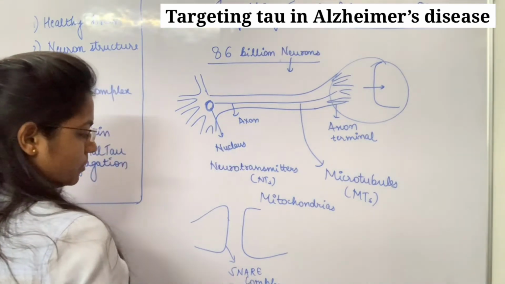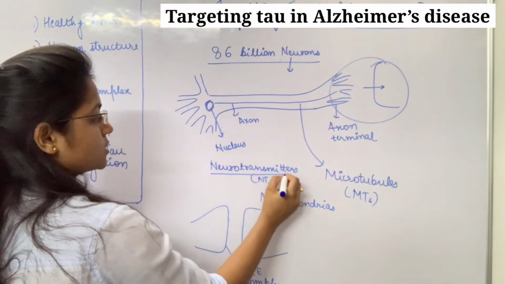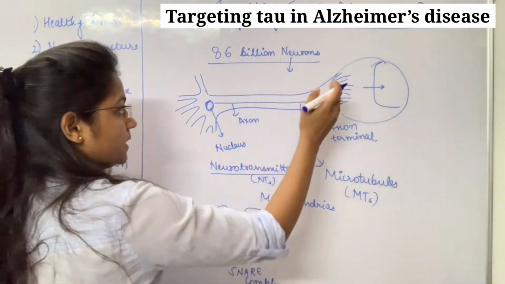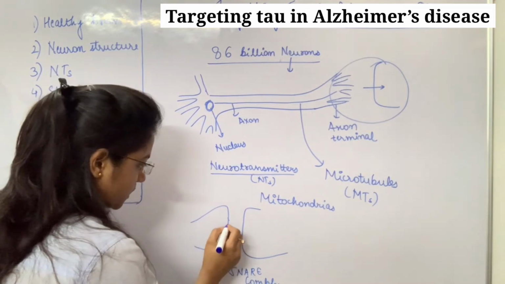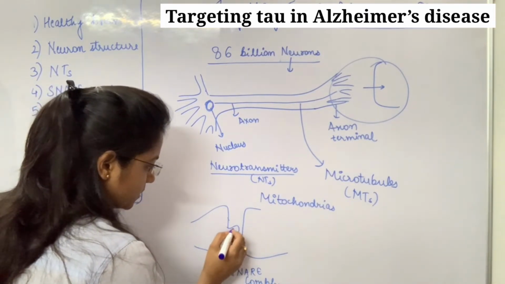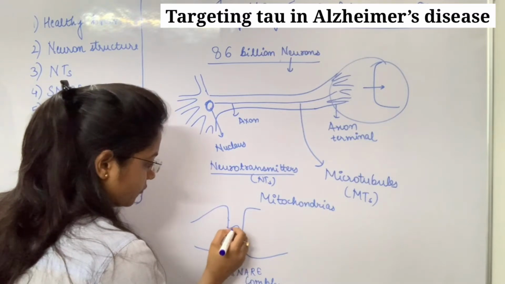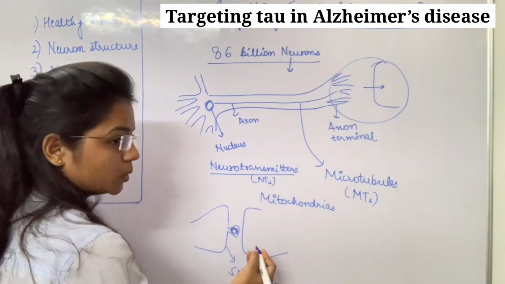Now what is a SNARE complex? When the neurotransmitter is transmitted here, it needs to be transferred to the other end of the neuron. So after reaching here, the neurotransmitter forms this bud-like shape, and then it is released from here and transmitted to another end.